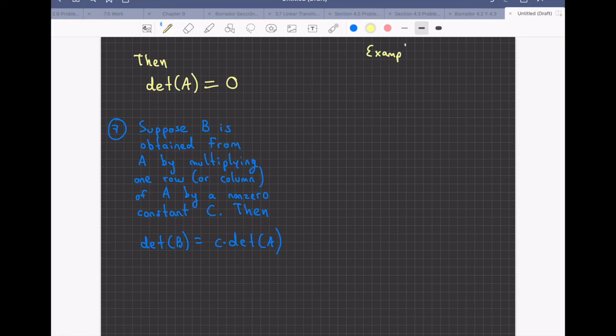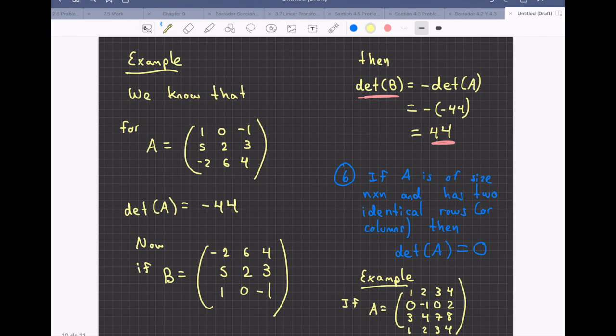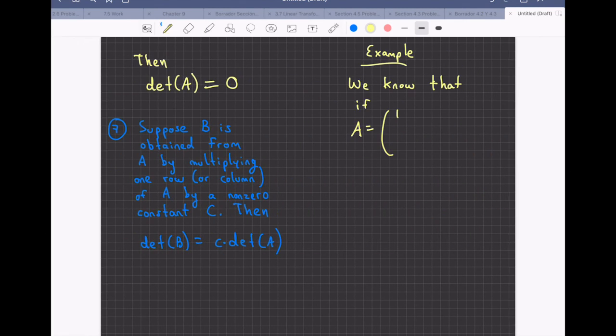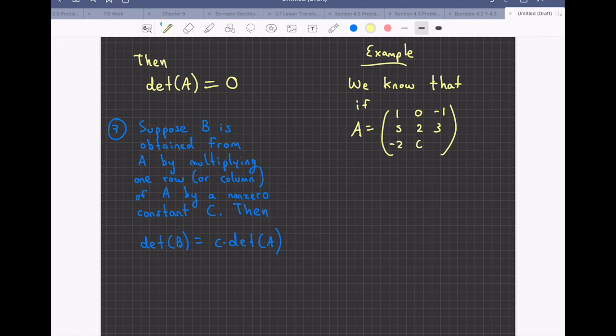Example. We know that if A is equal to 1, 0, negative 1, 5, 2, 3, negative 2, 6, 4, then the determinant is negative 44.